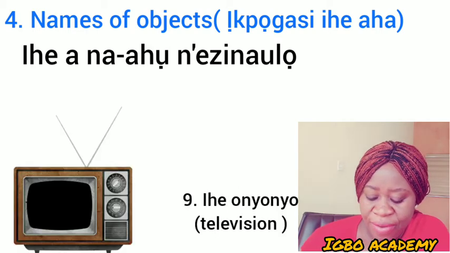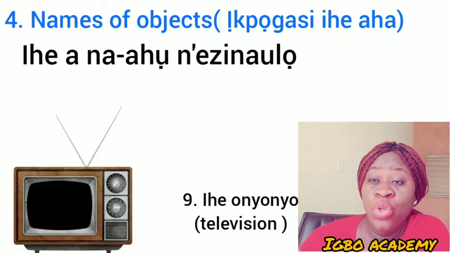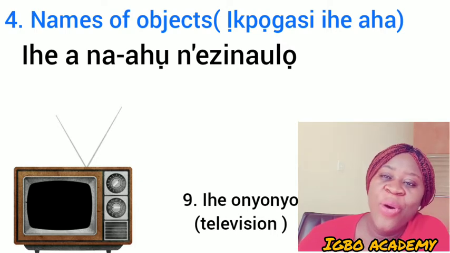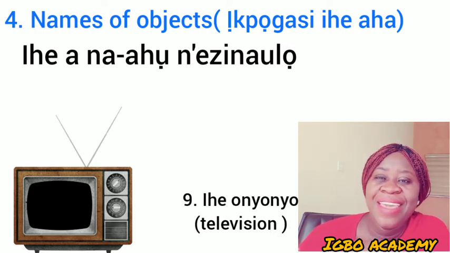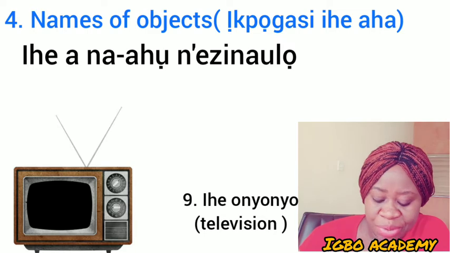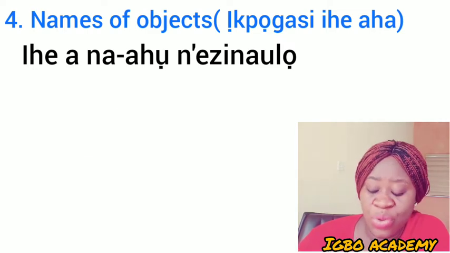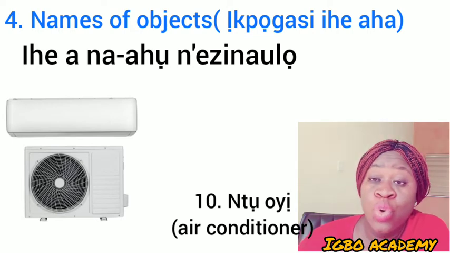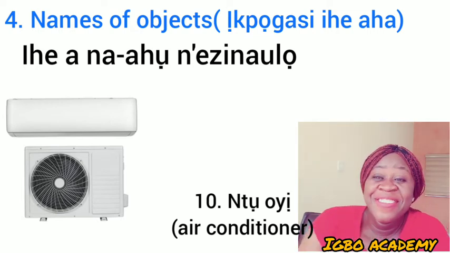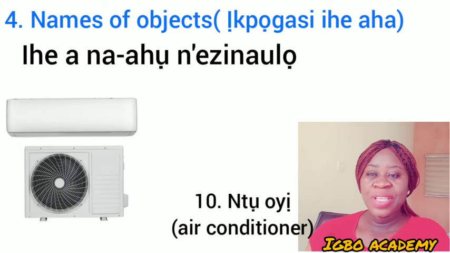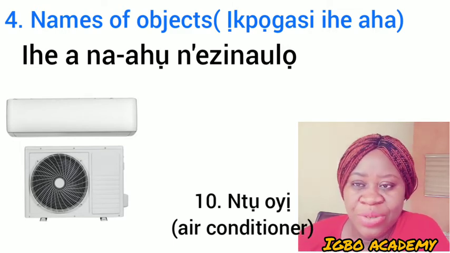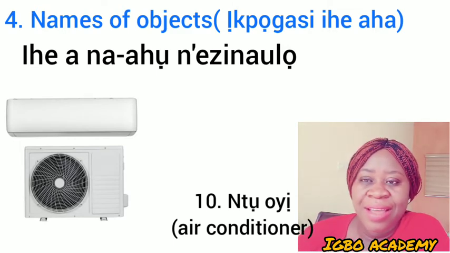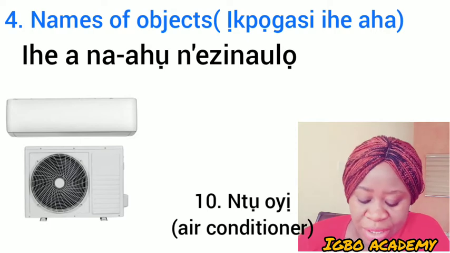Then you have ihe onyonyo. Ihe onyonyo is television. Then you have ntuoyi. Ntuoyi is your air conditioner.